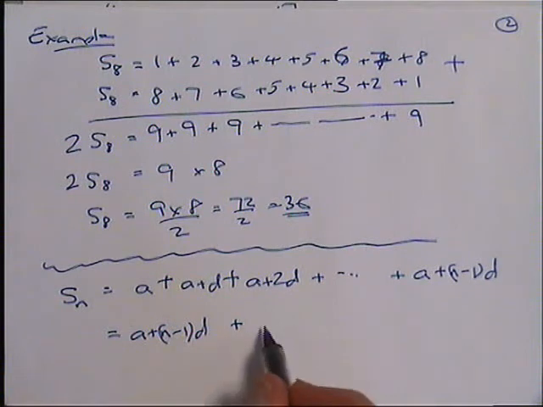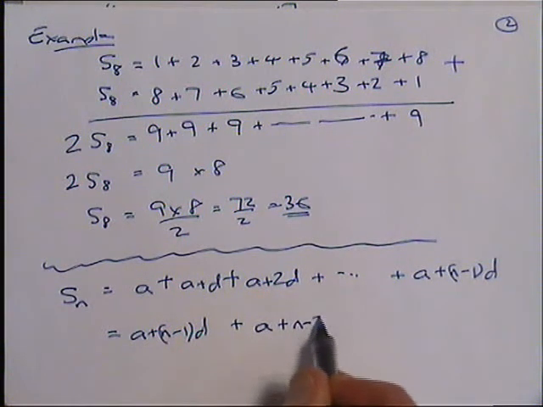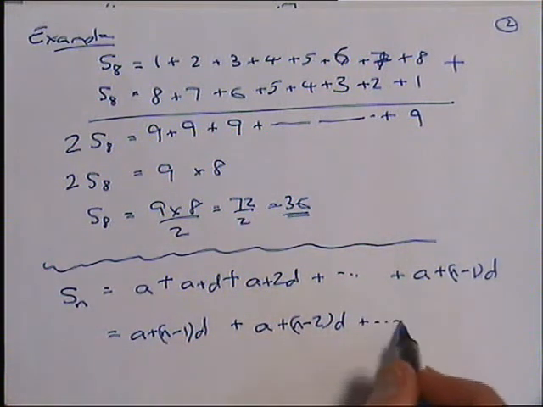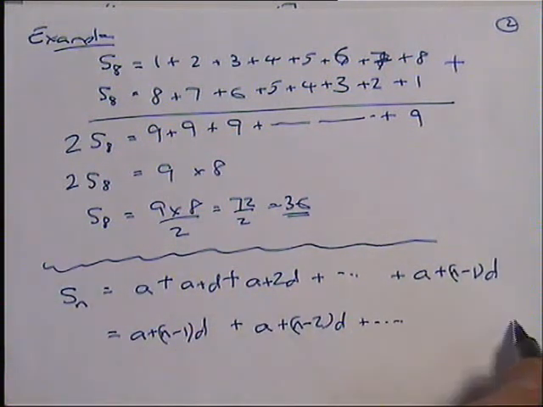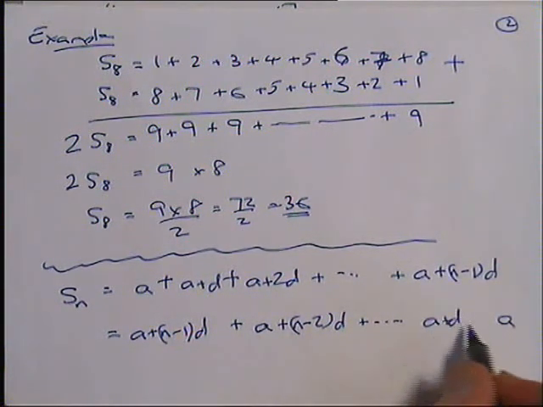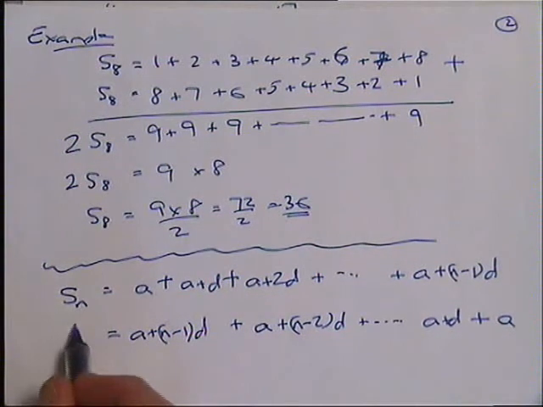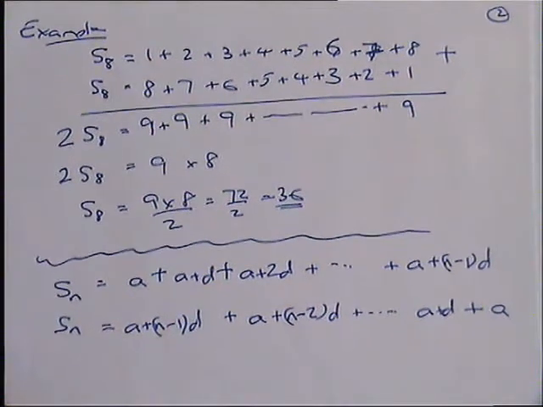A plus n minus 2 lots of d. Then towards the end, I'm going to have A as my very last one, and the one before that will be A plus d, and that is also equal to S of n.